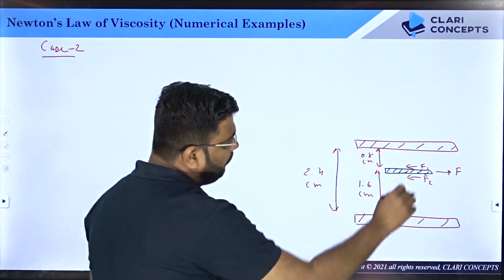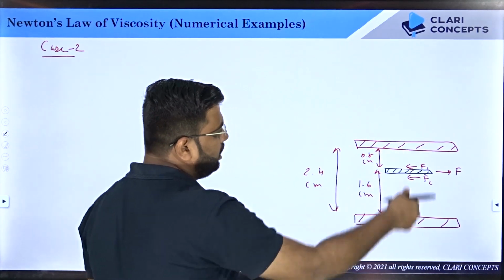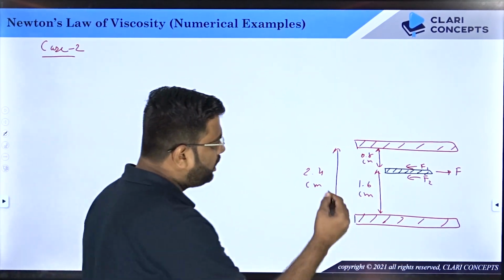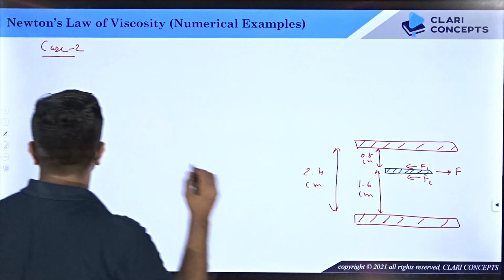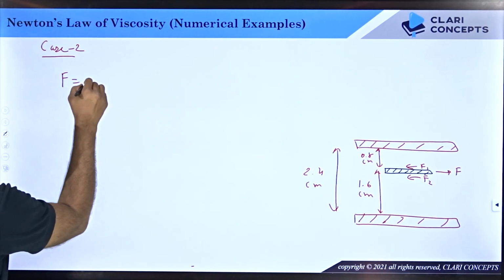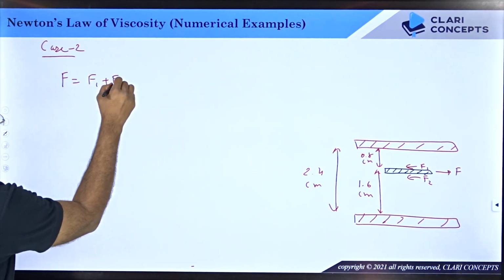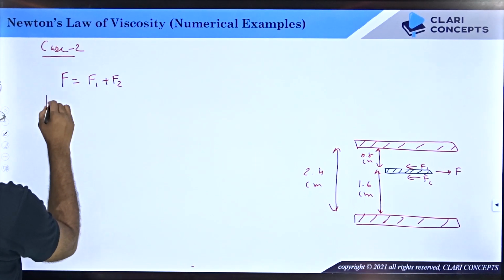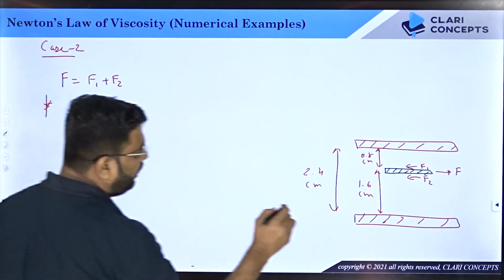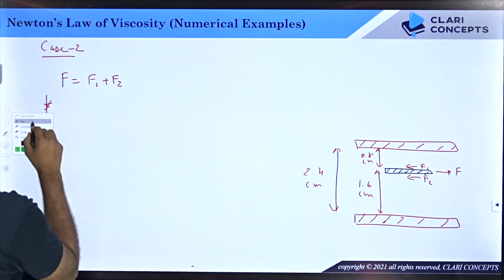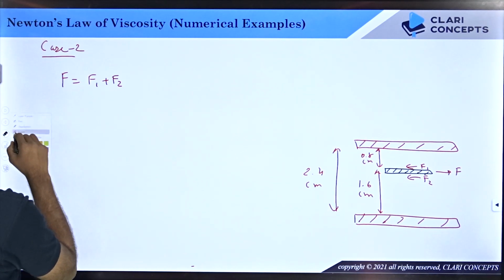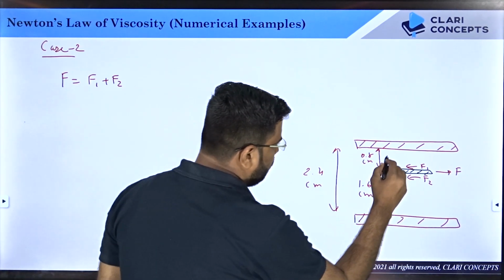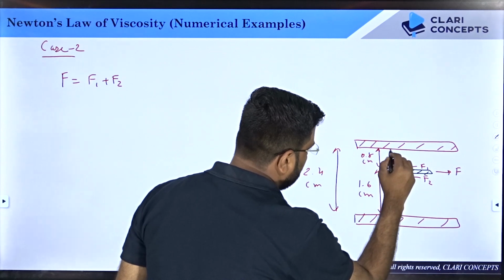Now here F1 and F2 will not be the same because the plate is shifted from the middle, right? So let us try to find what F1 and F2 are. For first, F should be equal to F1 plus F2. Looking at the free body diagram of the thin plate, what is F1? Now if I apply Newton's law of viscosity on the top half, I'll get something like this.